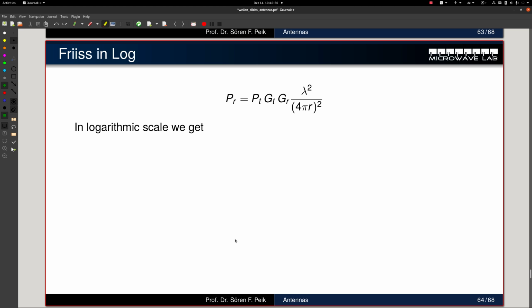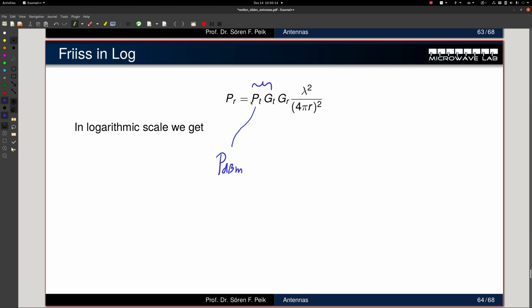Often this formula is given in log scale. That's also interesting. When we give our transmit power in dBm, that's basically also the EIRP.